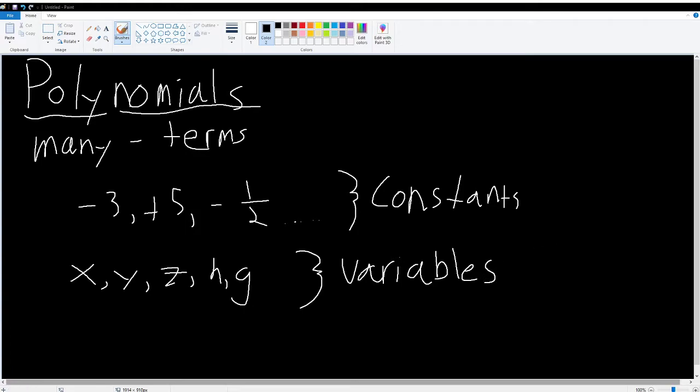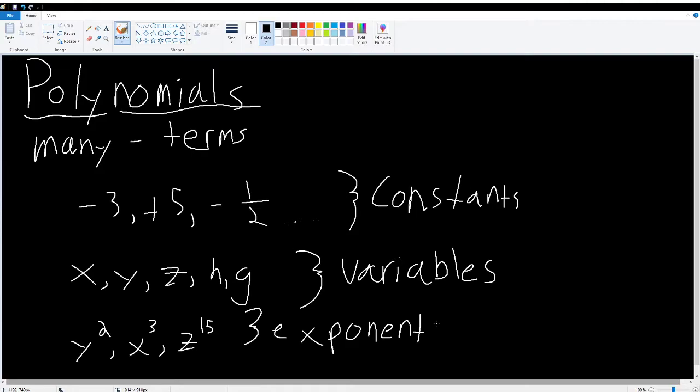And last but not least, polynomials have exponents. So you have y to the second, or x cubed, or z to the 15th. So these are exponents. One important thing about polynomials is that the exponents have to be integers, meaning you can't have fractional exponents, and you cannot have negative exponents.